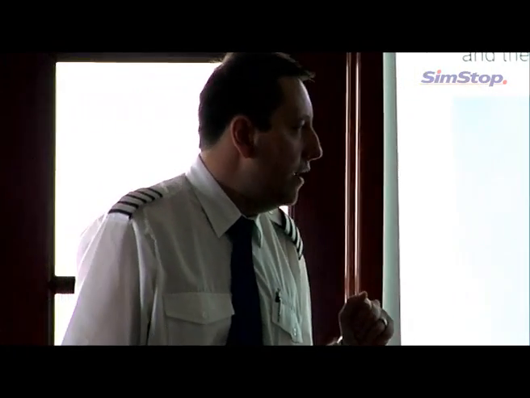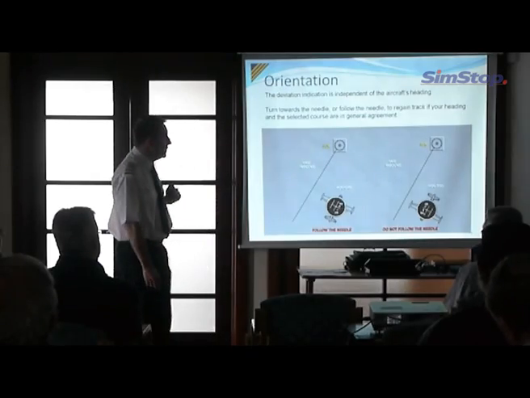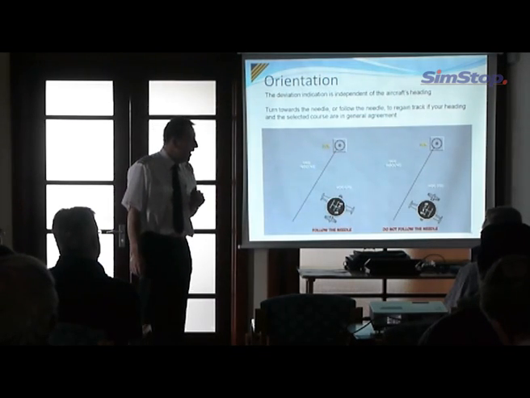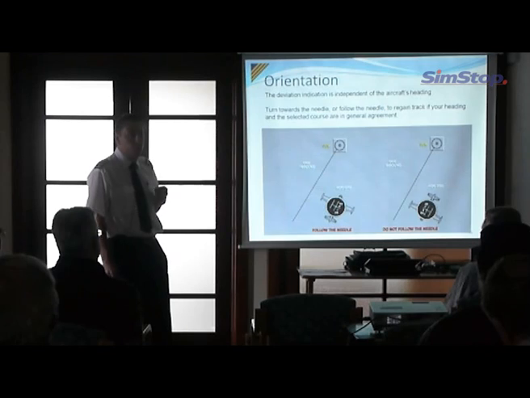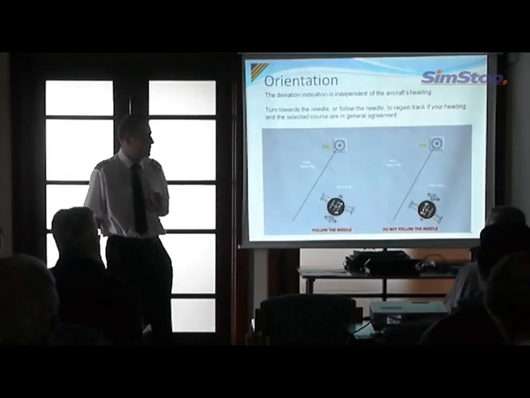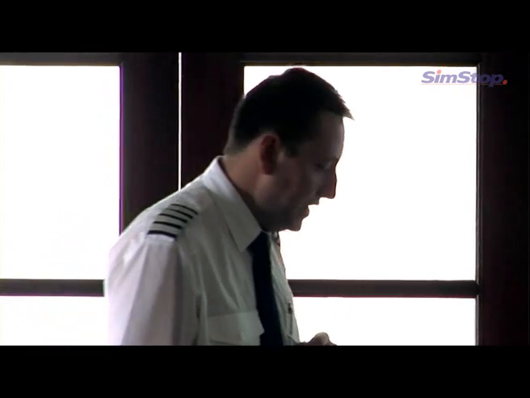In the second diagram, we've selected 060 inbound, and again we've got the 2 flag, but our heading is more or less 180 degrees removed from that. But the course deviation indicator hasn't moved.